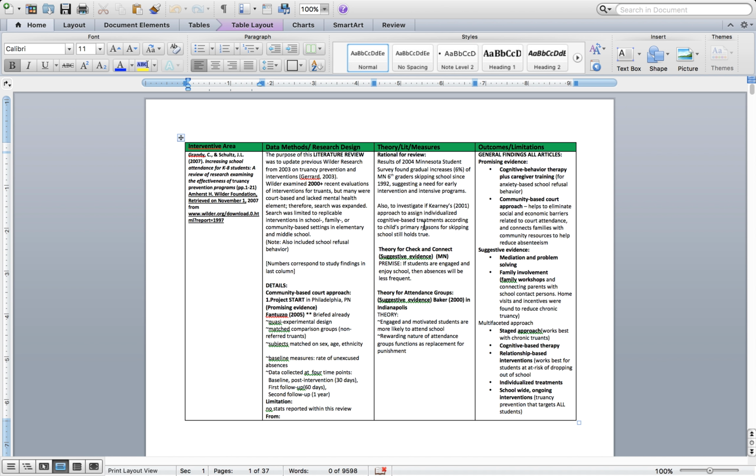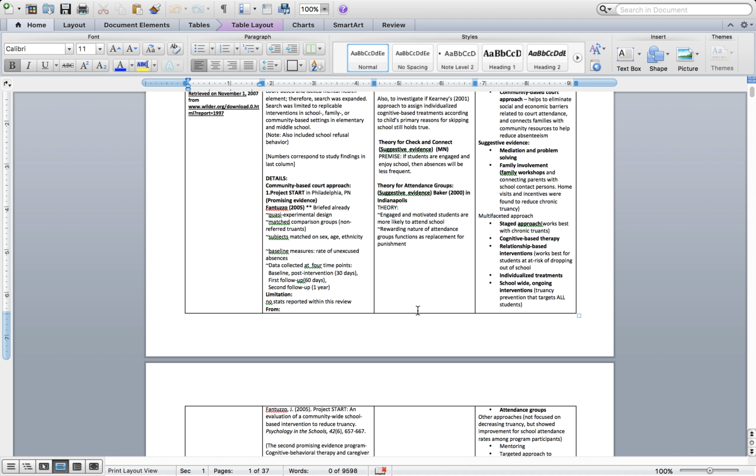Because it's a theory, literature, measures kind of study already, I went in and talked about how they looked at the literature, what they were looking at, what the theory was for each of these models.